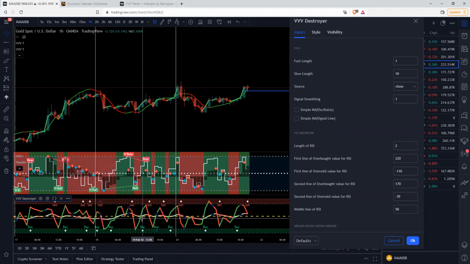When there is momentum, like we are above the zero line, we're gonna look for those buys. And when we are in bearish momentum and we are under the zero line, then we're gonna look for sell, right?